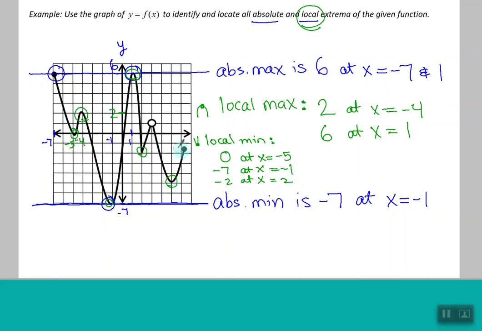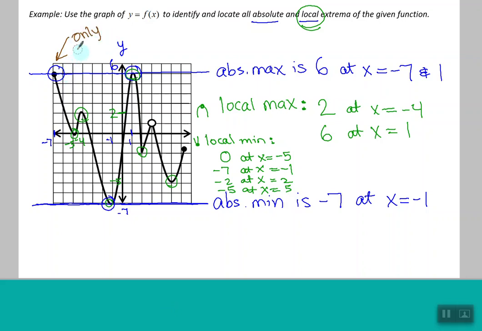And finally, at this spot, 1, 2, 3, 4, 5, that's the y value, -5, and it's located at the x value, 1, 2, 3, 4, 5. So again, notice that at an endpoint, there can only be an absolute max or min.